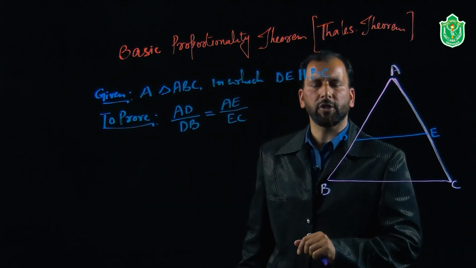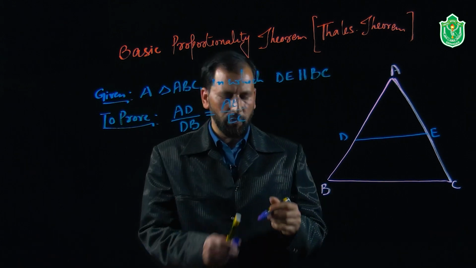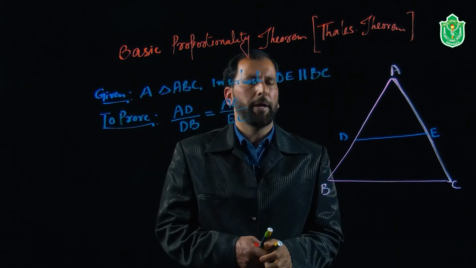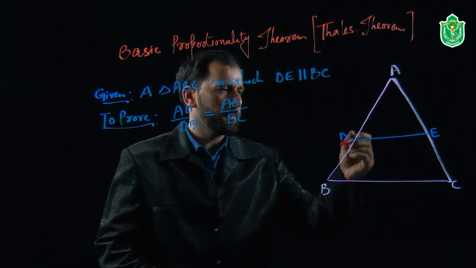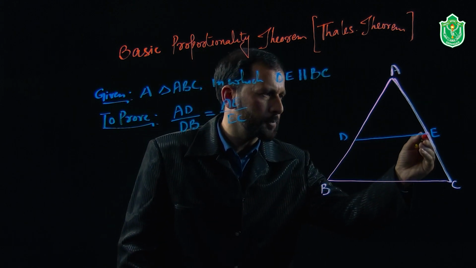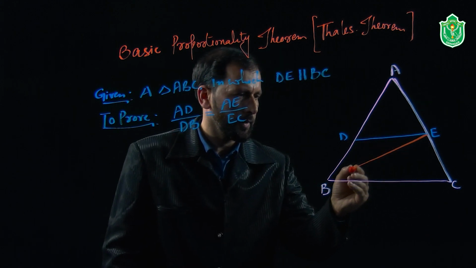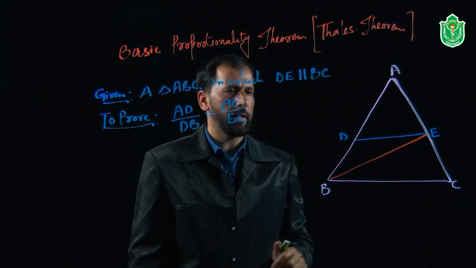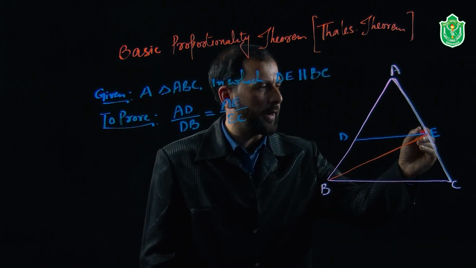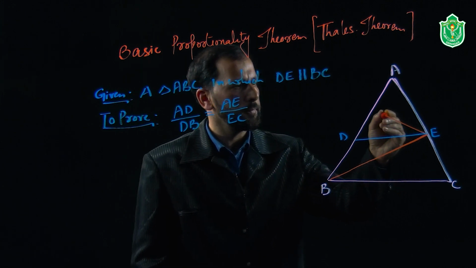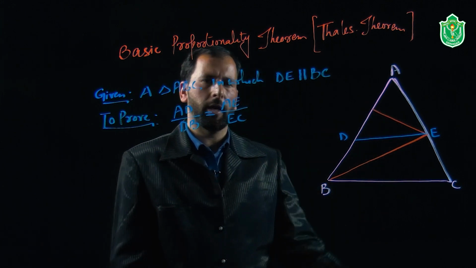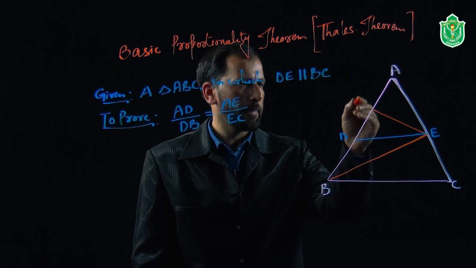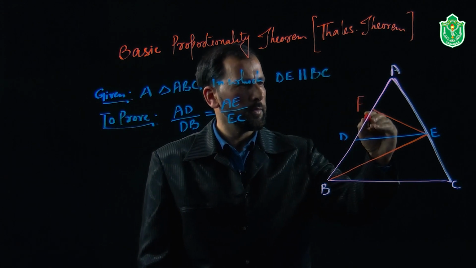Let us have some construction here in this triangle. First of all, we join B and E, by construction. Join BE, and from the vertex E, draw a perpendicular on side AB. Let the perpendicular be EF. This is the perpendicular.